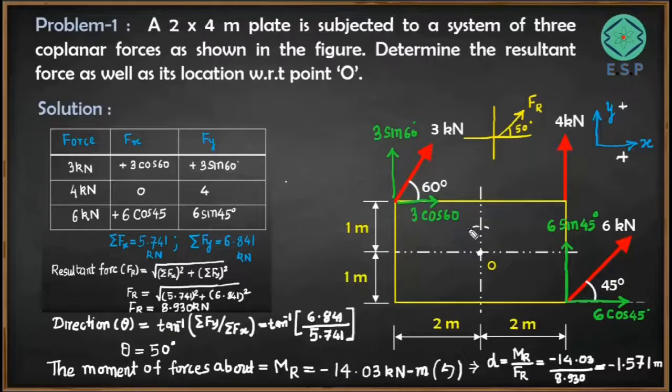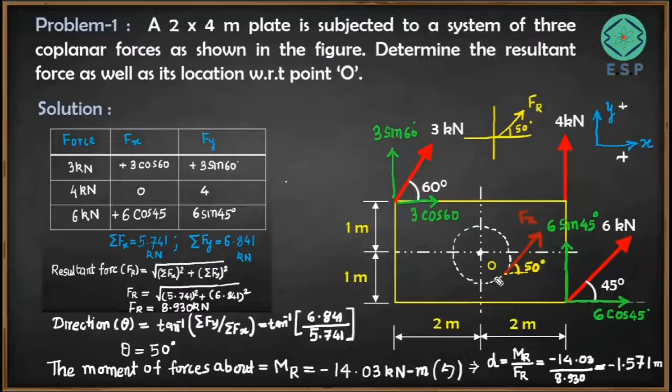I'll draw one small circle here just to illustrate the meaning of the location of the resultant force. Now I would like to apply the resultant force. The resultant force is going to act somewhere here, at this particular distance, and this is the resultant force Fr. Its angle with respect to the horizontal, which we have calculated, is 50 degrees, and it is going to rotate the plate in the anti-clockwise sense in this way.